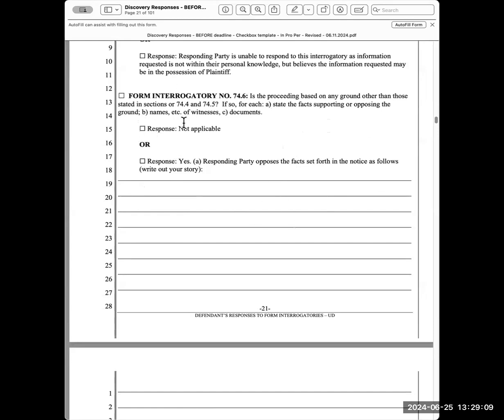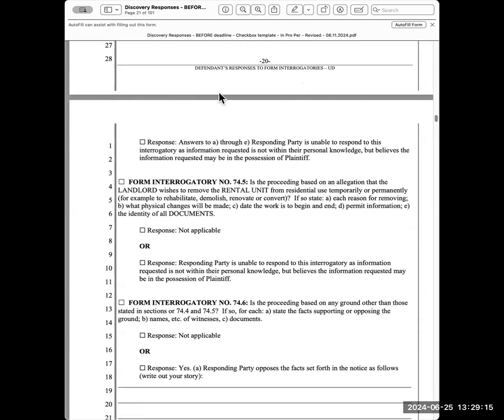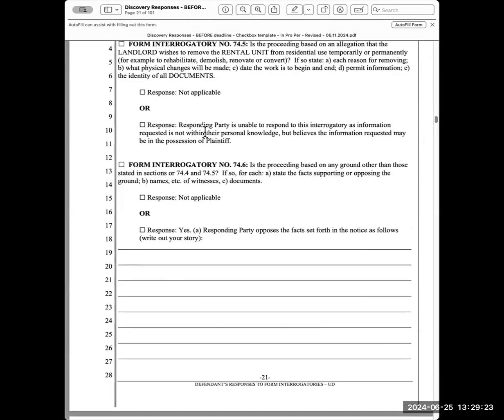Here, if this doesn't apply to you, check here. For example, if one of the reasons is that the landlord's moving a relative in, or renovation, right? If one of those is the reason, then this one wouldn't be applicable, and that's where you would check here. Otherwise, check here and put in your answer.